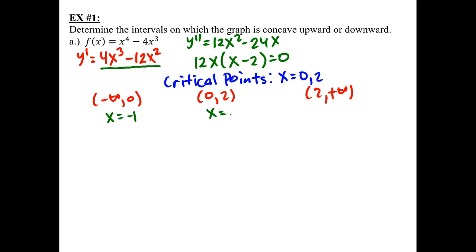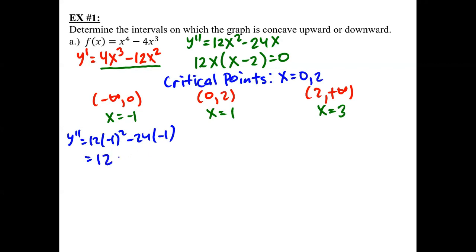Here, x is equal to 1. And of course, here x is equal to 3. Just substitute negative 1 in the second derivative test. So we have y double prime is equal to 12 times negative 1 squared minus 24 times negative 1. Negative 1 squared is positive 1 times 12 is 12.